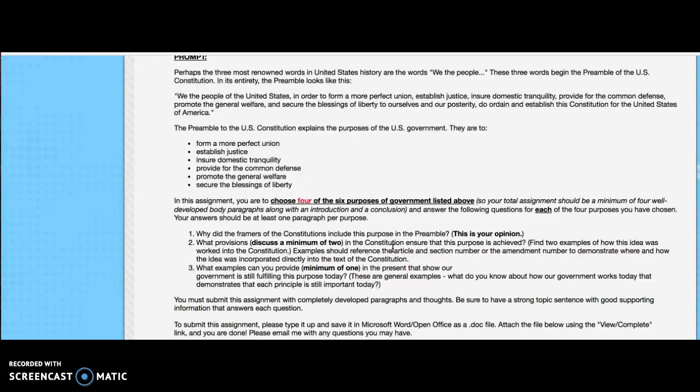So that's specific parts in our Constitution that show that they tried to form a more perfect union, or establish justice, or ensure domestic tranquility, or provide for the common defense, or promote the general welfare, or secure the blessings of liberty. Then give me 1 modern example of us still ensuring that the purposes of our government are still intact.